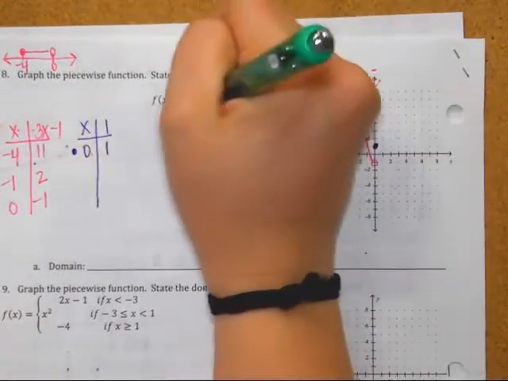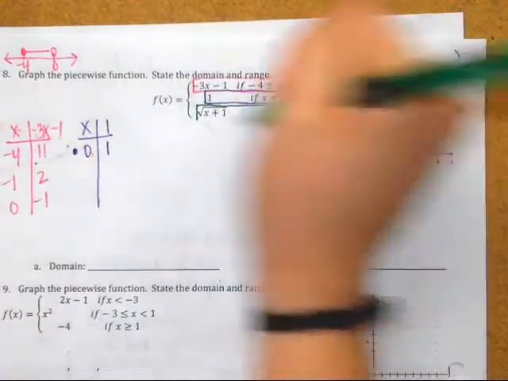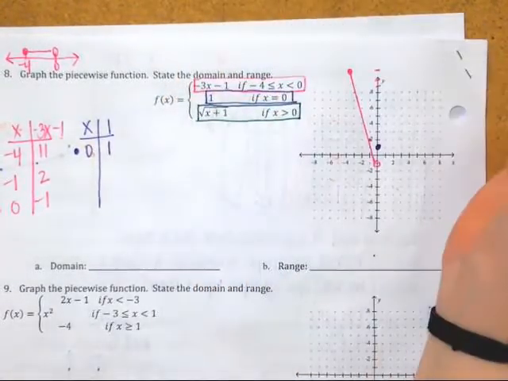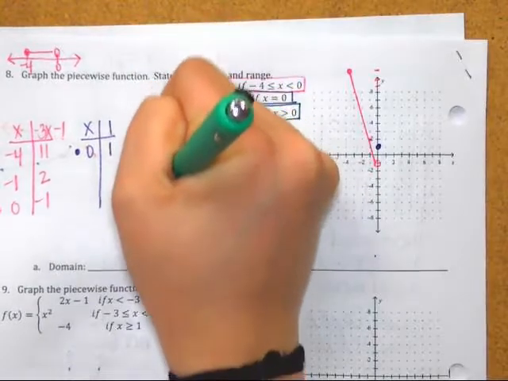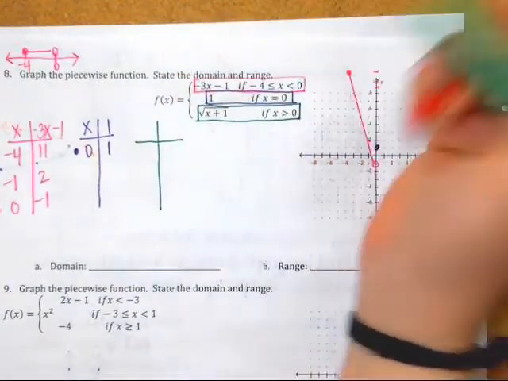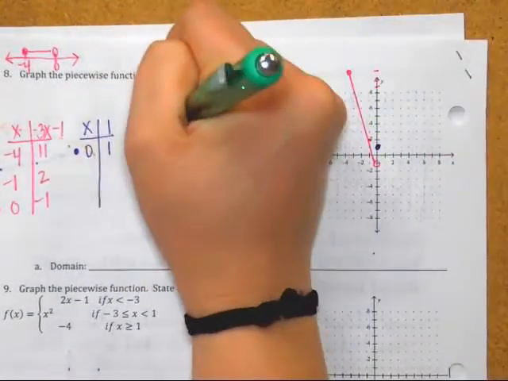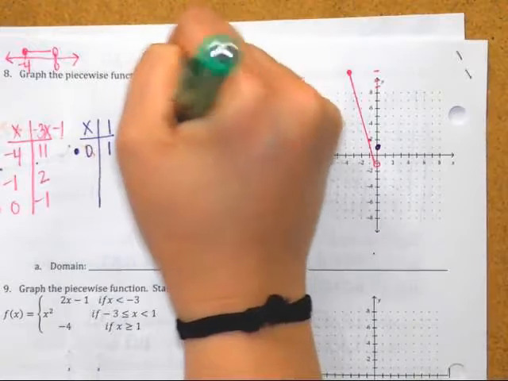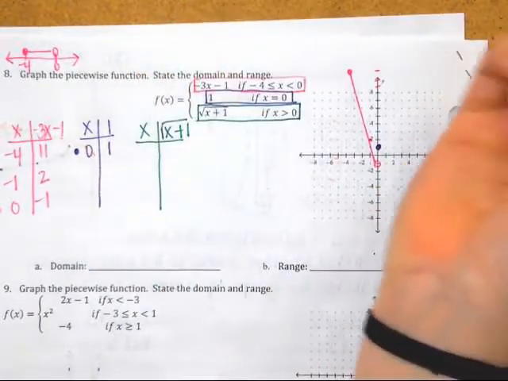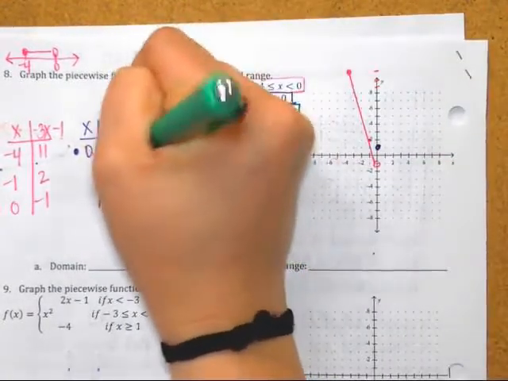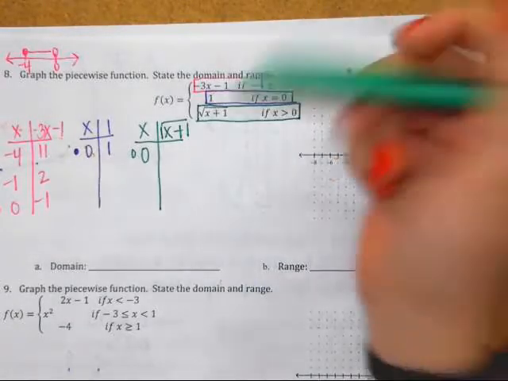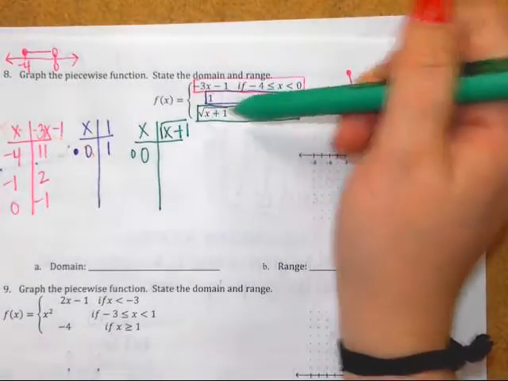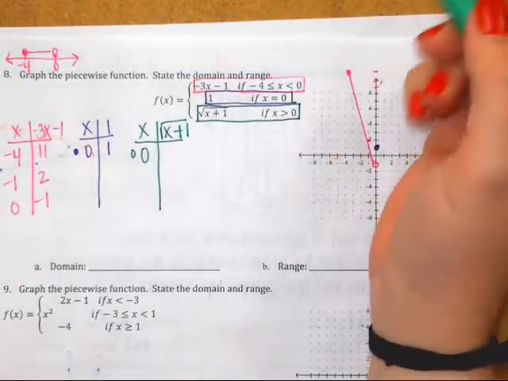Okay, now this one, the square root. With this one, my x values are greater than 0. We still have to put 0 in there. We can't ignore 0 because it's our endpoint with an open circle. Then we can put any other values. I can put 1, but I know 1 plus 1 is going to get me radical 2. It's going to get me a decimal.